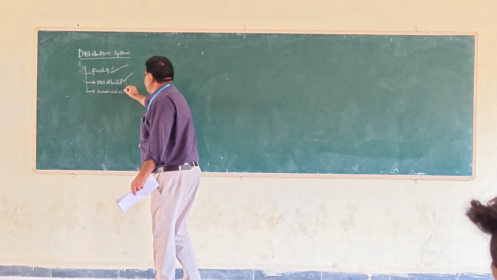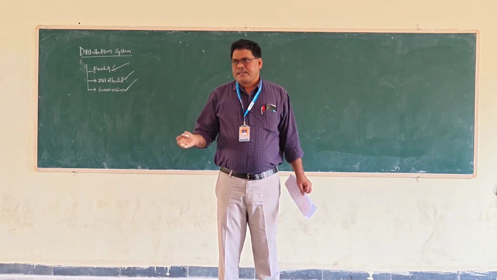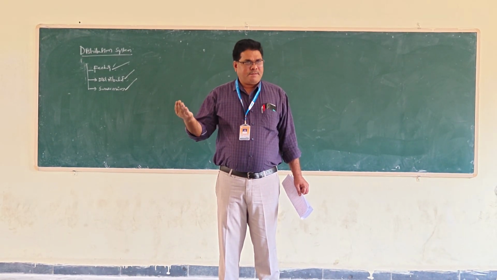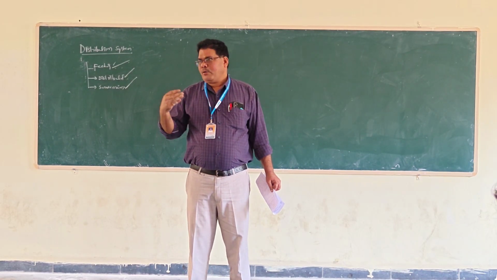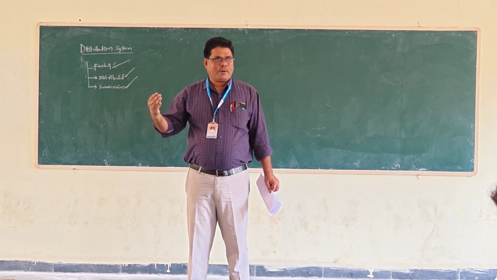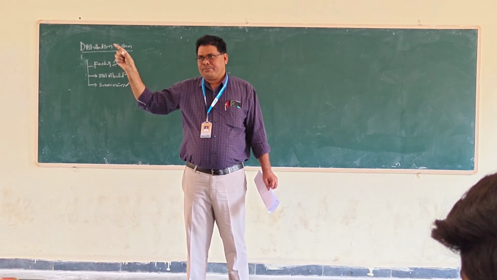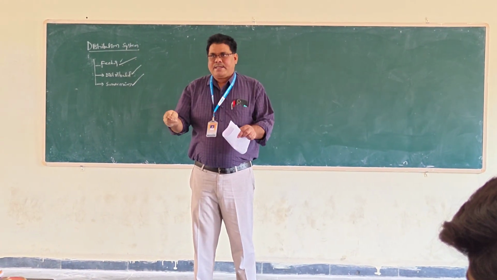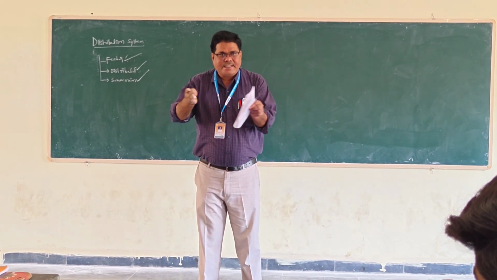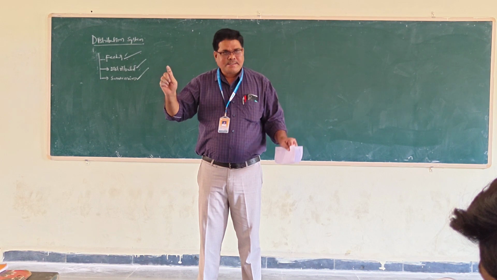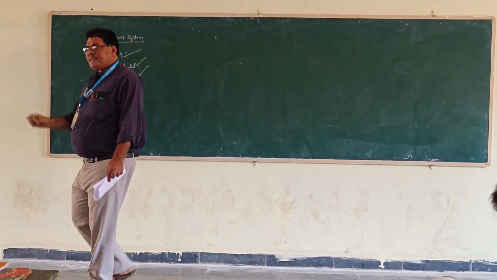Coming to service main. What is service main? Service main is nothing but service wires. You can assume how the power lines are connected in our village. From the substation one line is coming, and that main line is called feeder. In our village there is a transformer, and from the transformer the lines distribute to various streets. That is called distributor. What is service main? It is a service wire.